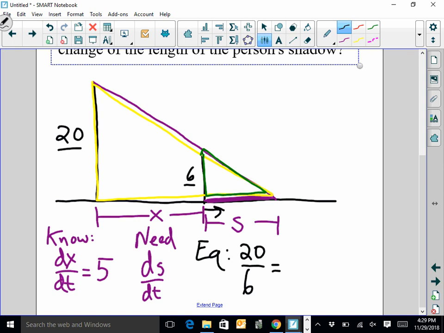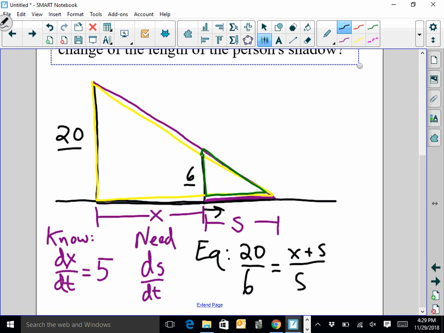Now the way this is labeled, that's not one variable. That's two variables added together, right? This distance right here is the distance x plus s. Over the base of the little triangle, which is just s. So that's the equation that I can get.